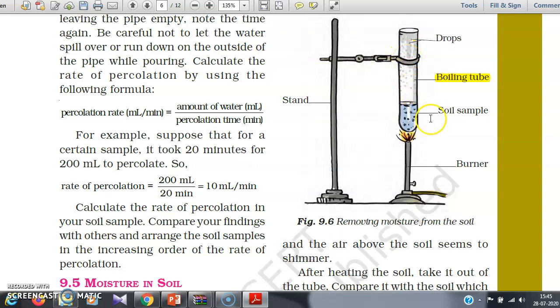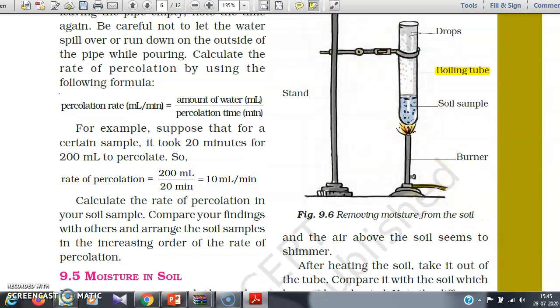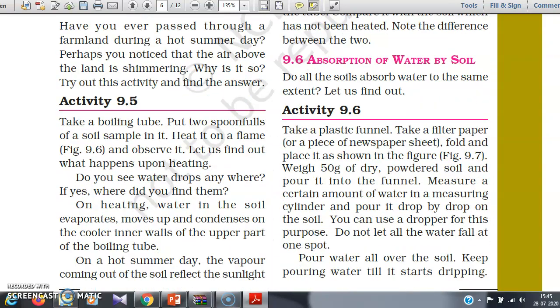So if we heat a soil sample taken in a boiling tube, we will see droplets of water in the boiling tube. That confirms that yes, the soil sample contains moisture in it. On heating, water in the soil evaporates, moves up and condenses on the cool inner wall of the upper part of the boiling tube, as just explained to you.